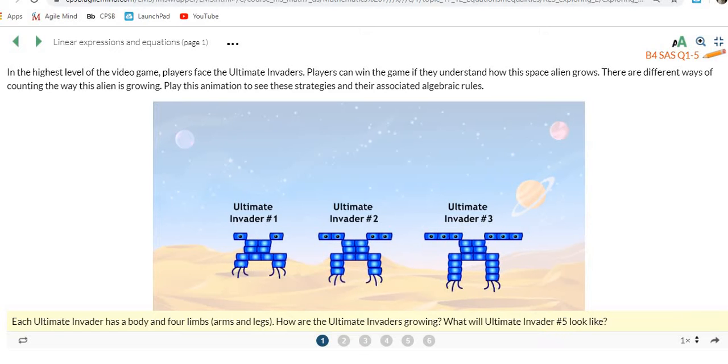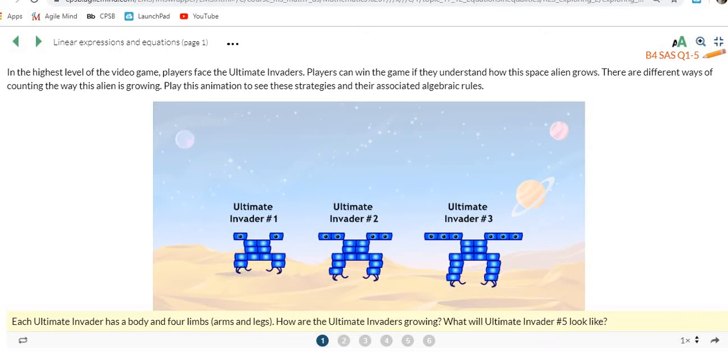All right, so this is Invader 1, 2, and 3. We needed to write on number 1 what we see different about the growth. How much is it growing each time? How many body parts?